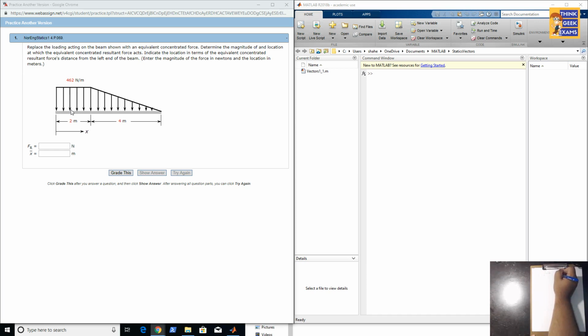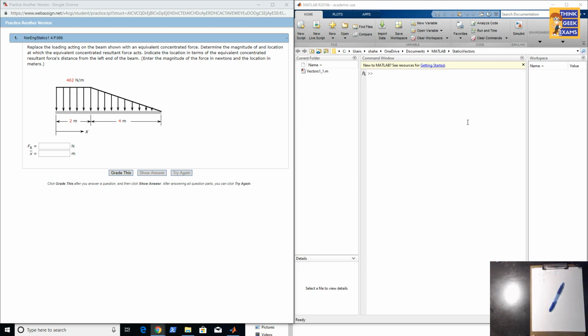The second part is the 2 to 6 position. This one we're going to have a force equation which is going to look like minus 462 divided by 4. That's the gradient.